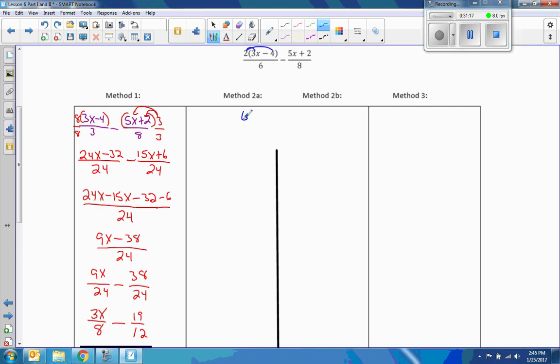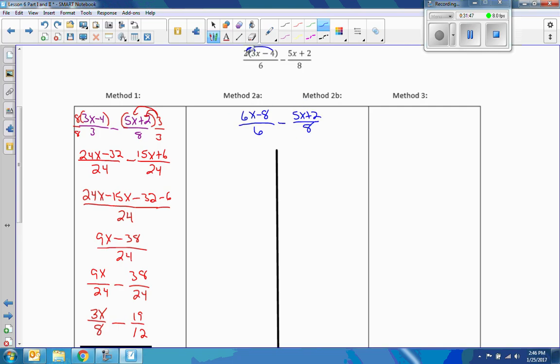So we're going to get 6x minus 24 over 6, I'm sorry, that's 8. 2 times 4 is 8. 6x minus 8 over 6 minus 5x plus 2 over 8.